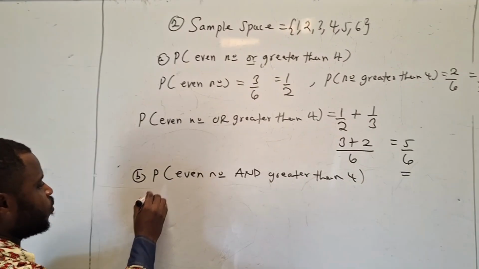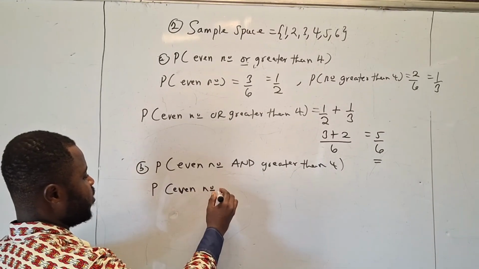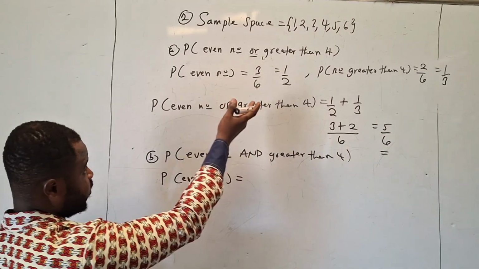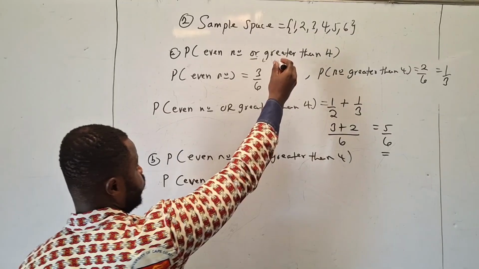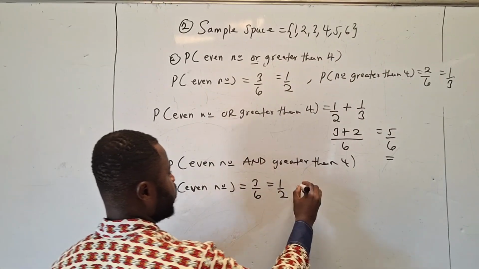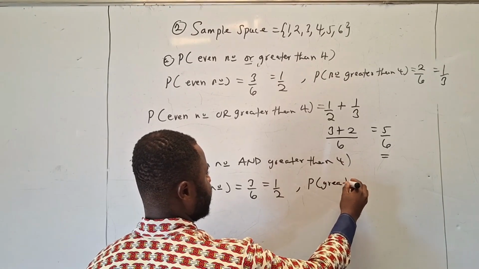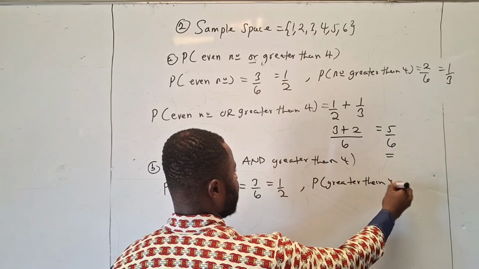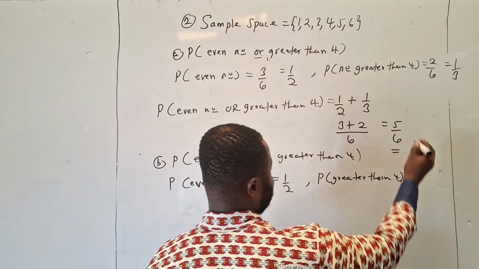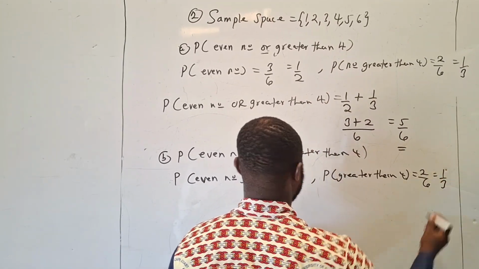So we have to know the probability of even numbers. And we have done it already. Even numbers, we have 2, 4, and 6. So we have 3 on 6, which is 1 on 2. Then probability of a number greater than 4. That one too, we have done it. We got 2 on 6, for which we simplify to get 1 on 3.